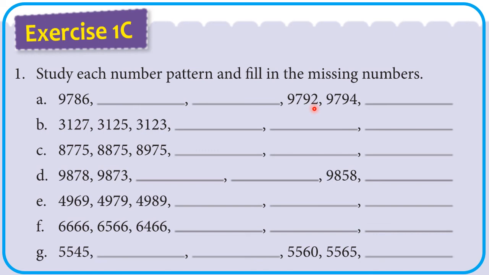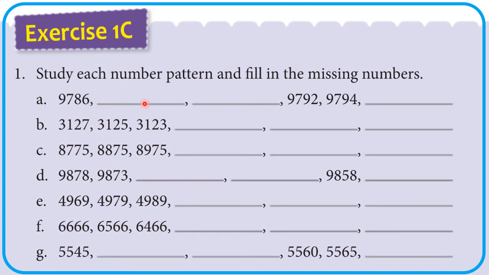That means, so this is a pattern of even numbers. Look here, here we have 9,786, which is also an even number. So this is a pattern of even numbers. So to get the next number, add 2 to the previous number.